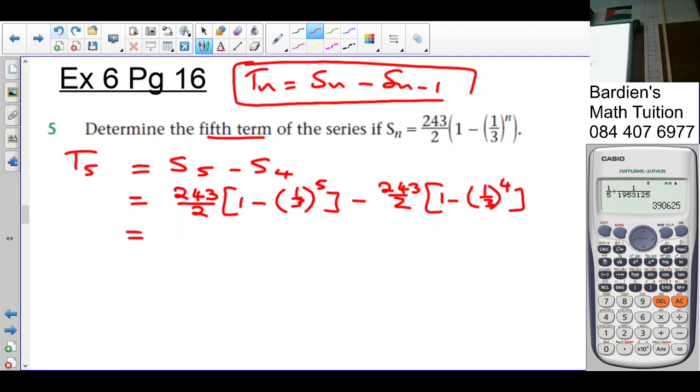So let's put that in the calculator. It's 243 over 2 into 1 minus, open brackets, 1 over 3 raised to exponent 5 minus 243 over 2 times 1 minus 1 over 3.